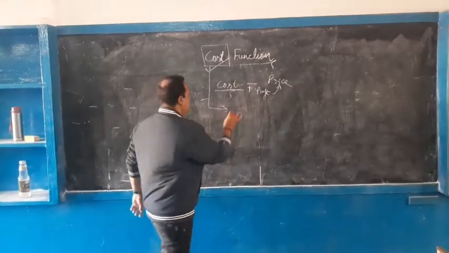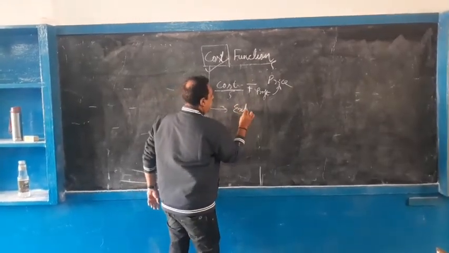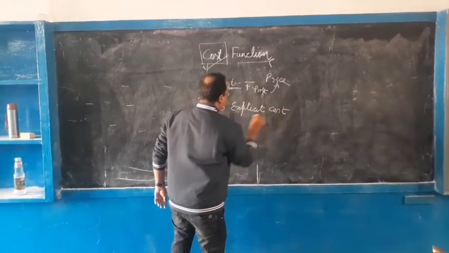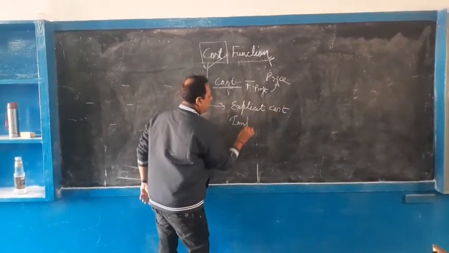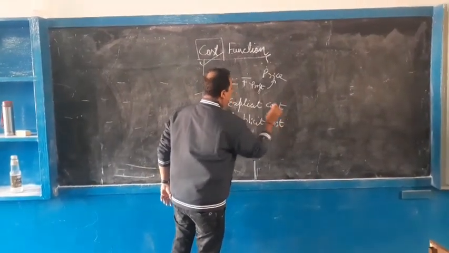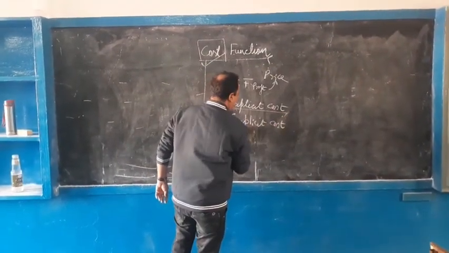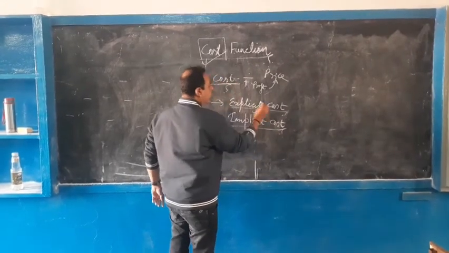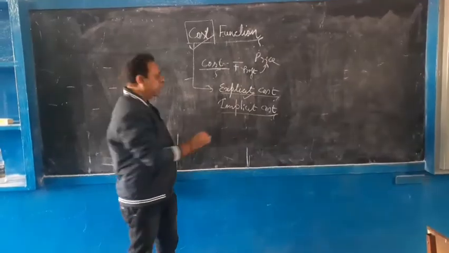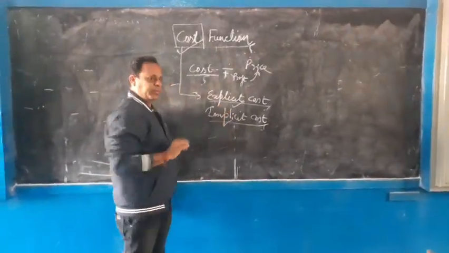Understood? So there are two types of cost here: explicit cost and implicit cost. These two types of costs are there. First we will study what is explicit cost, and then we will study what is implicit cost.